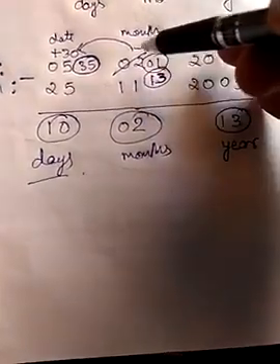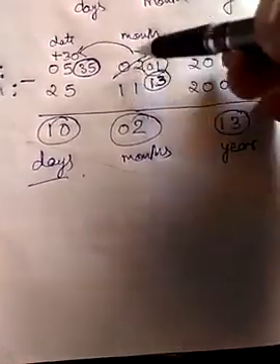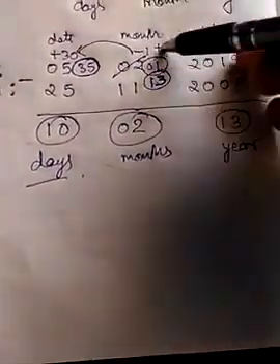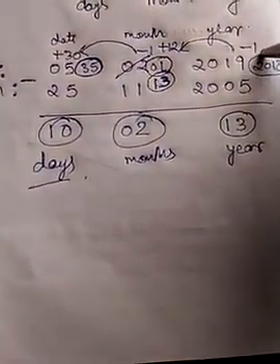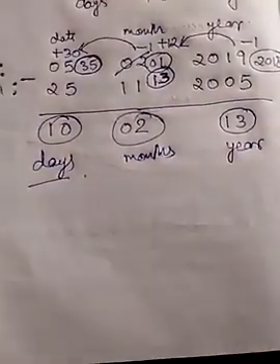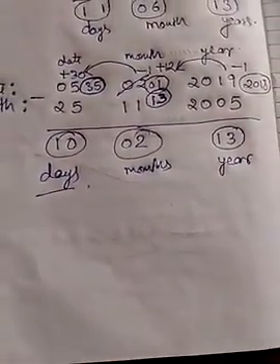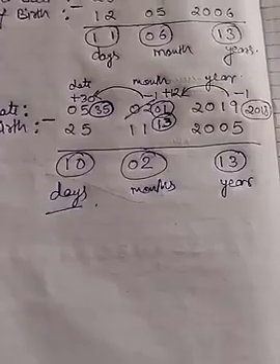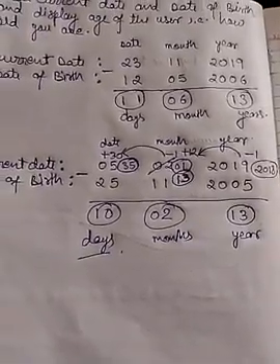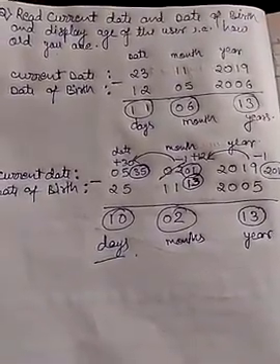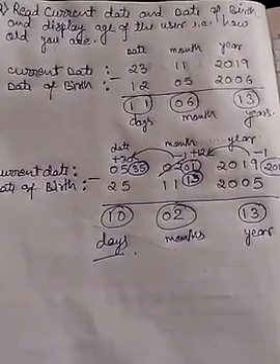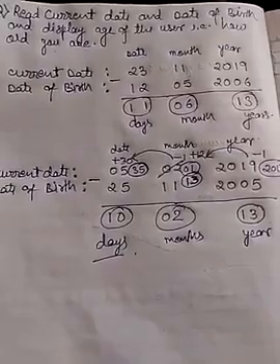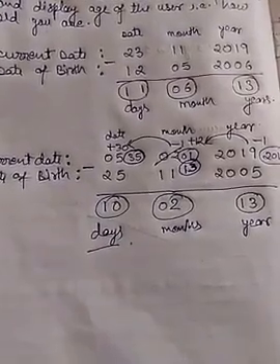In the same way, if current month is smaller than the birth month, then borrow 12 months from the year and subtract the year with minus 1. And after that you can easily do the subtraction of date of birth and the current date. So this is the main logic behind finding the age of the person by subtracting date of the birth from the current date. Now let us write a program for this.